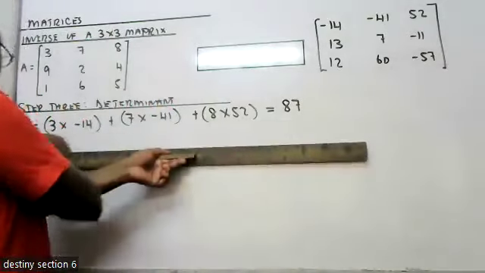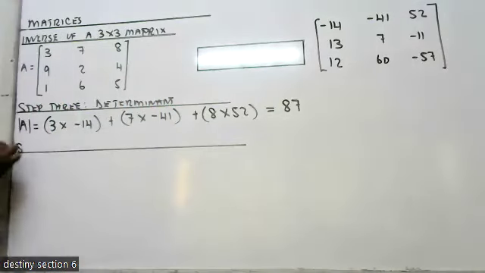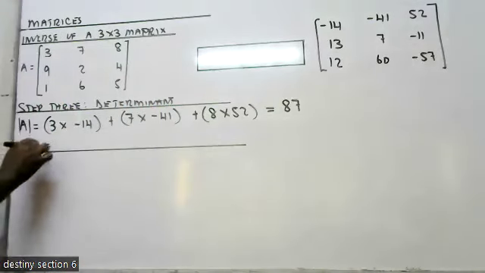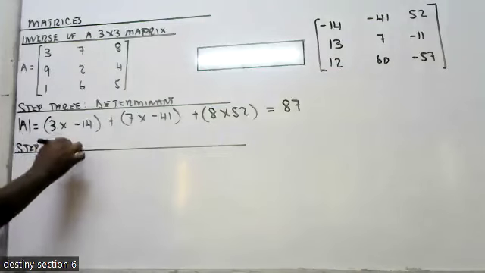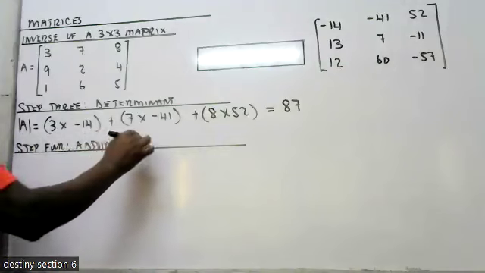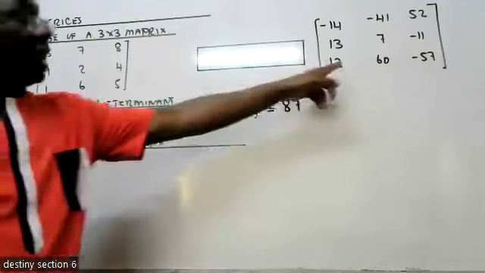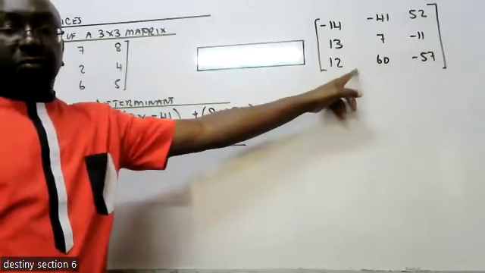The next thing is step 4 now. Step 4 is to get what we call the adjoint matrix, ADJ. Now the adjoint is simply the transposed cofactor.